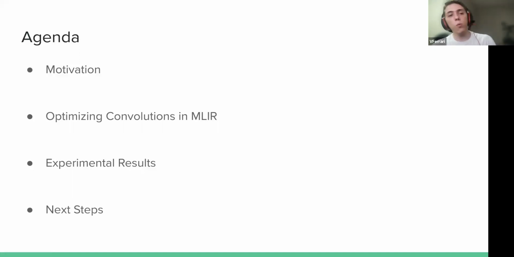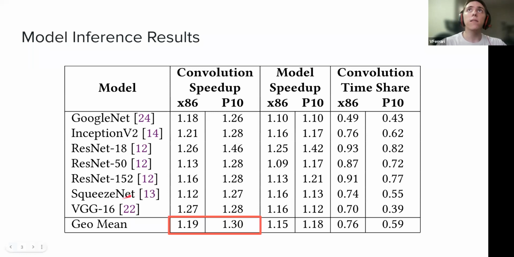So before we even get into the motivation and talking about convolutions, I'm going to motivate the overall talk. So why am I talking about this algorithm here? The answer is because it is good. It generated good results. So I'm not going to go through every single result in this table right now.